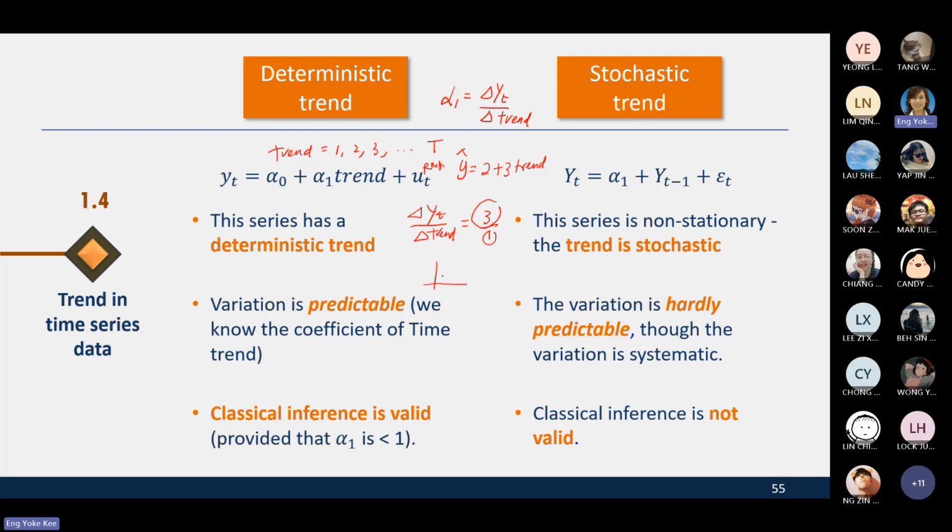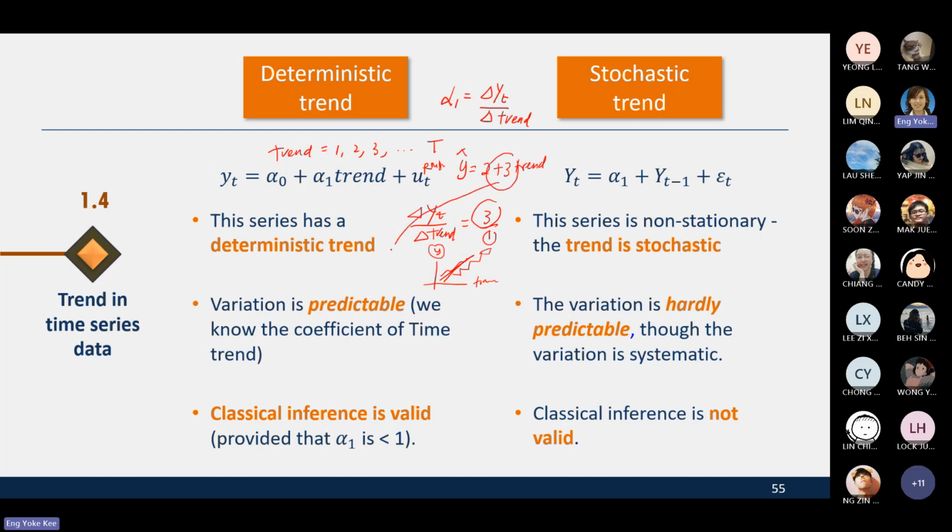So how much do you expect? So if I see my data like this, y, okay, it's a linear trend pattern, right? So what do I expect? This data y, every year it changes about 3 billion ringgit. Oh, so can you predict this? Yes, because you see that the change is captured by this alpha 1 value.